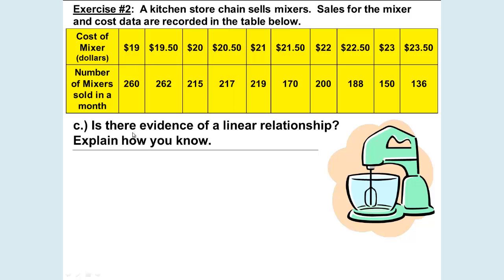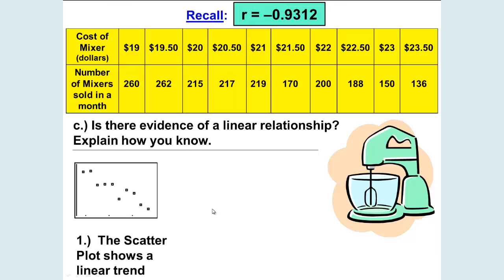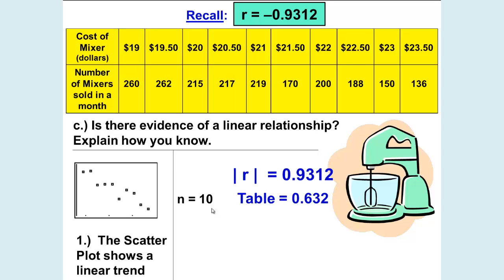Part C says, is there evidence of a linear relationship, and explain how you know. To determine it, we have 2 steps. The first is to look at the scatter plot. Looking at the scatter plot, the plot shows a linear trend. The second part is to look at our r value, which is negative 0.9312, and we will want to take the absolute value, so the absolute value of r equals 0.9312.